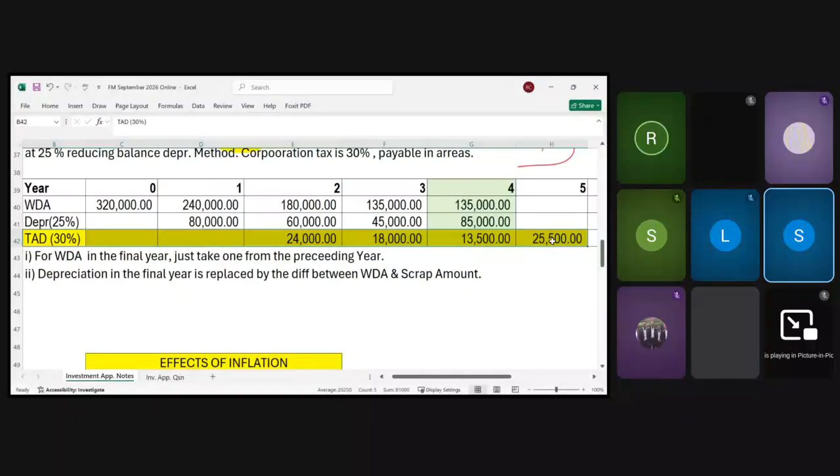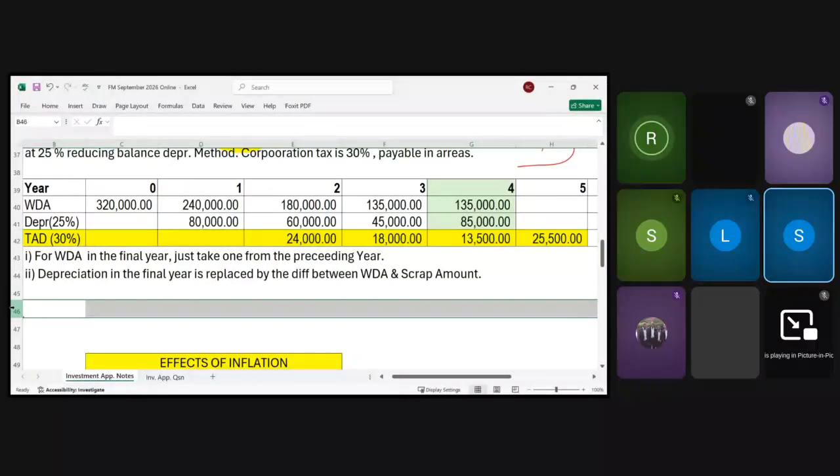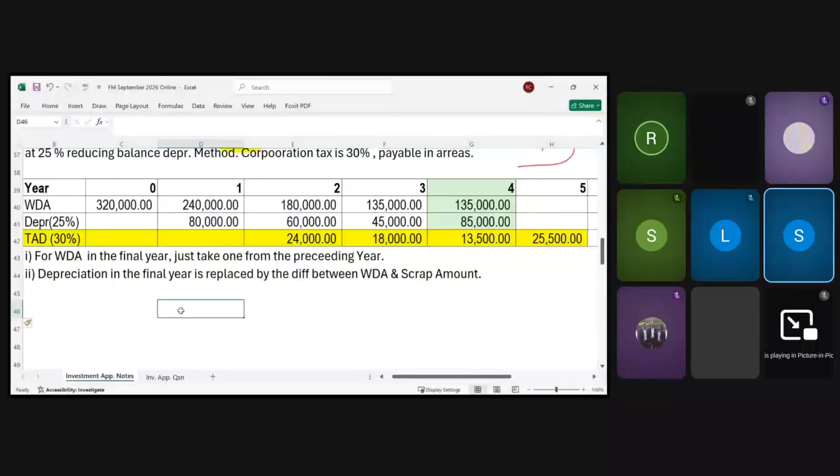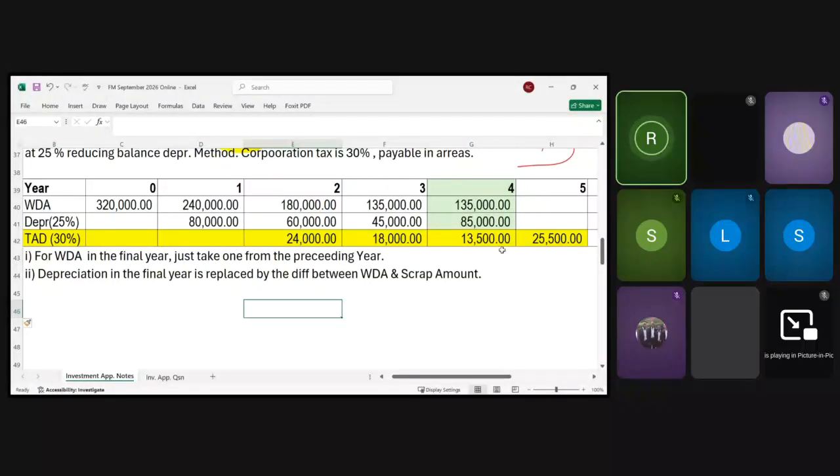So what you can do is, let me come here, you have your scrap that is going to be taxed separately. So you can just have your scrap value, for example 50,000 in the final year.